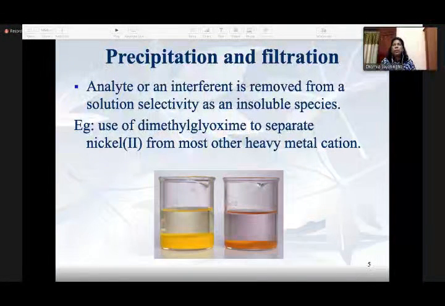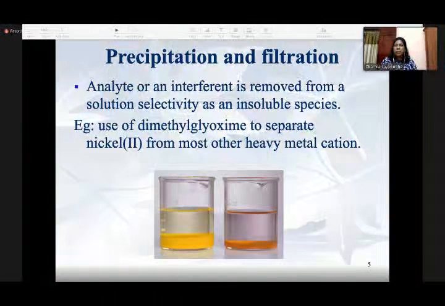I mentioned the protein analysis. In protein analysis, the lipid is disturbing. In that situation, first we dissolve all the lipids in a non-polar solvent, maybe hexane or sometimes methanol.